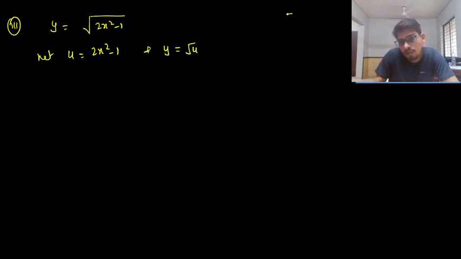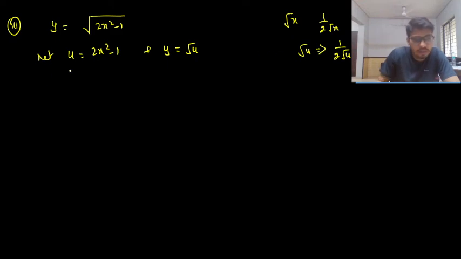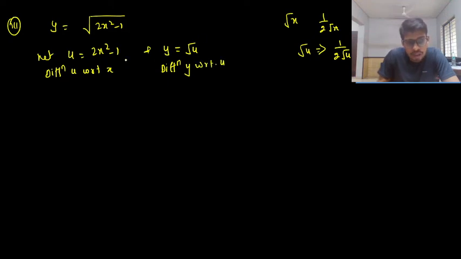We know that derivative of root x is 1 upon 2 root x. Therefore in this case derivative of root u will be basically 1 upon 2 root u. Now differentiate u with respect to x, and we will differentiate y with respect to u, because y is written in the form of u and u is written in the form of x.